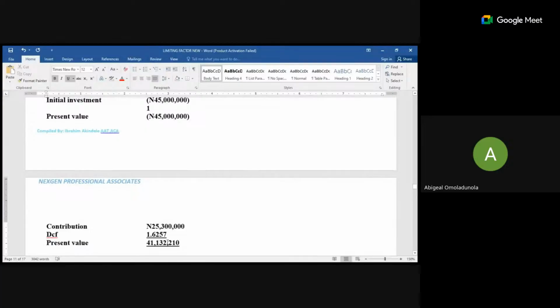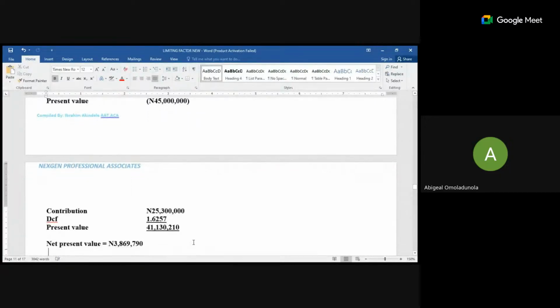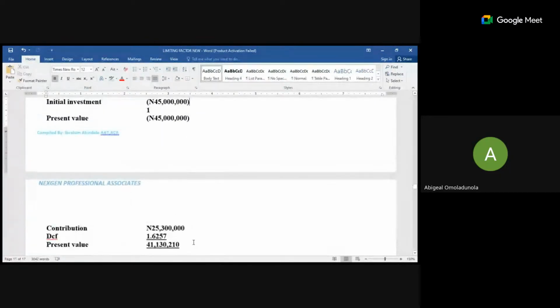41,130,210. So to get your NPV, this is your present value of the contribution minus your present value of the initial investment.